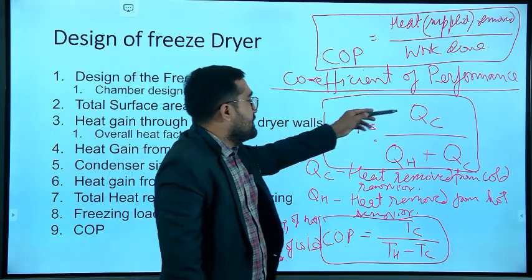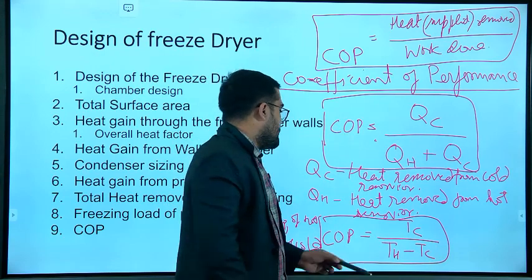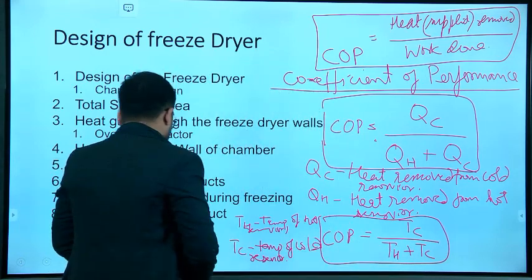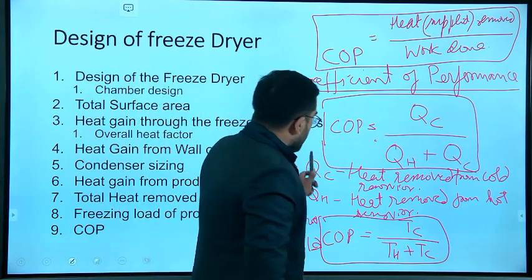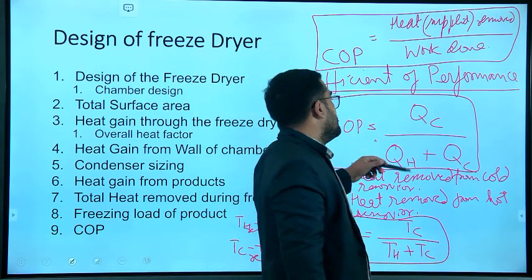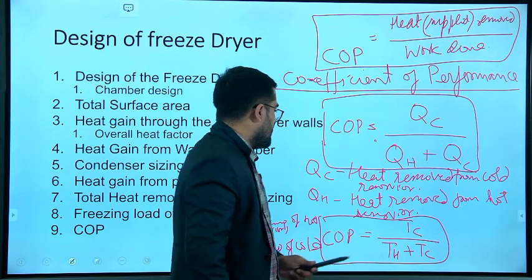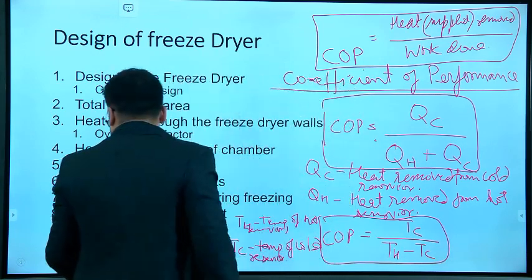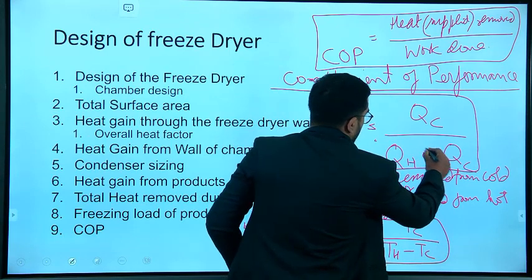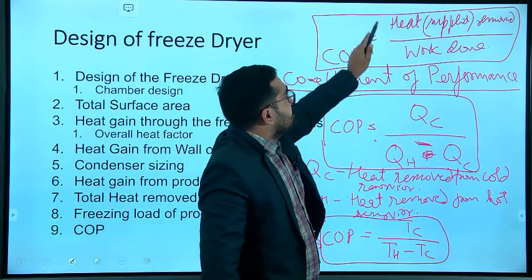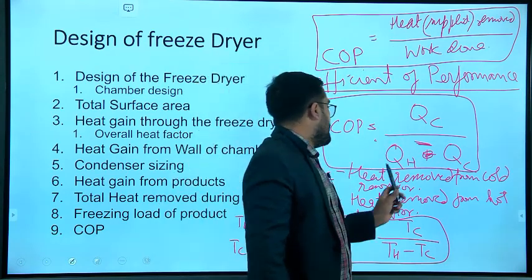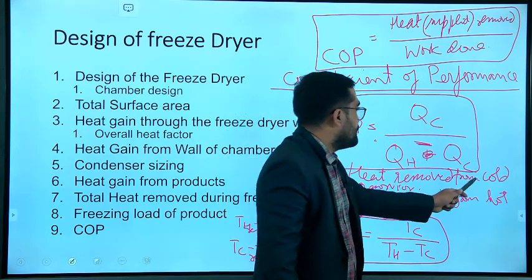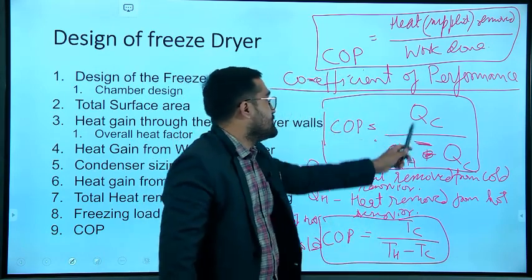The second was in terms of the cold and hot reservoir side heat removed, means how much heat is removed in terms of the cold side and the hot side, that is QC divided by QH minus QC.